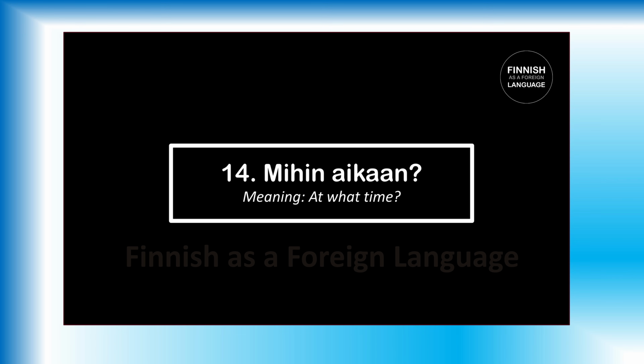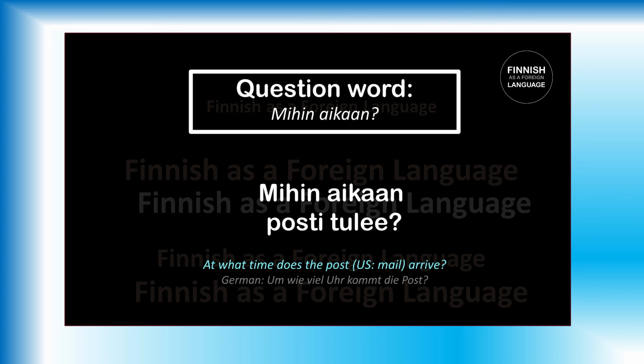Now we carry on with the next one, which is mihin aikaan, which means at what time. Here we have 3 examples. Our first one is mihin aikaan posti tulee, means at what time does the mail arrive. So mihin aikaan means at what time. Posti means post or mail, and tulee means to come.